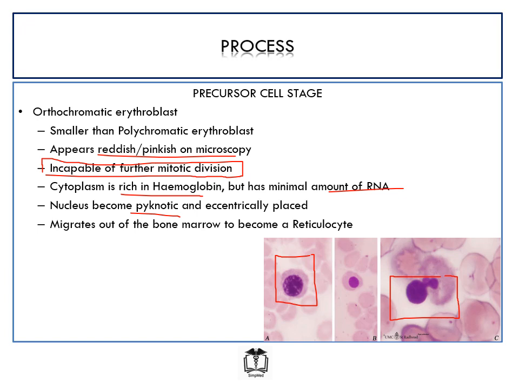So the process of pyknosis of the nucleus of the orthochromatic erythroblast renders it incapable of further mitotic division. And whenever we have that pyknosis occurring, where the nucleus is being removed from the cytoplasm of the orthochromatic erythroblast, we say that the orthochromatic erythroblast has matured into a reticulocyte. We'll talk about the reticulocyte in a minute.